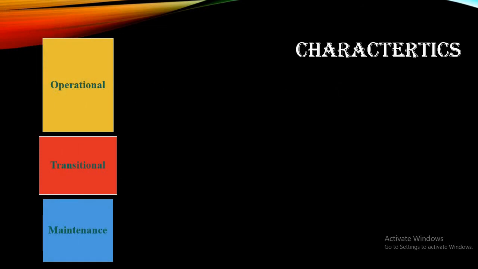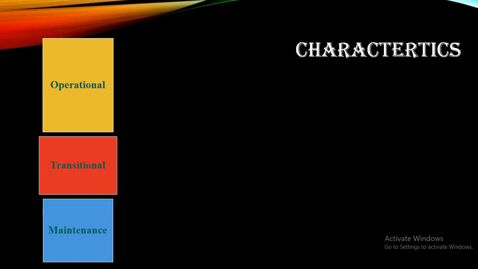So what are the characteristics of software engineering? It is very important to know them. Any software should be judged by what it offers and by the methods which help us to use it.